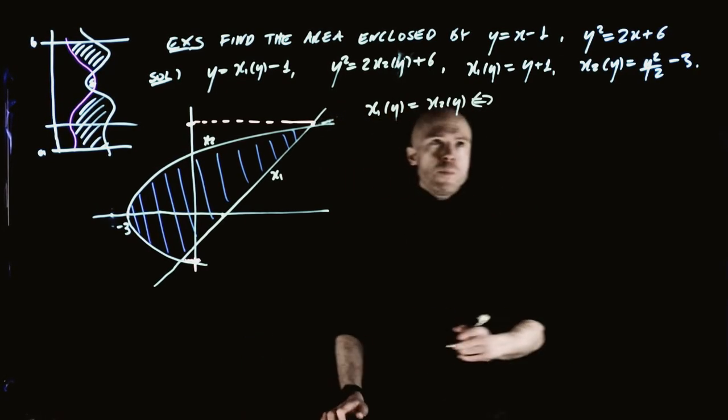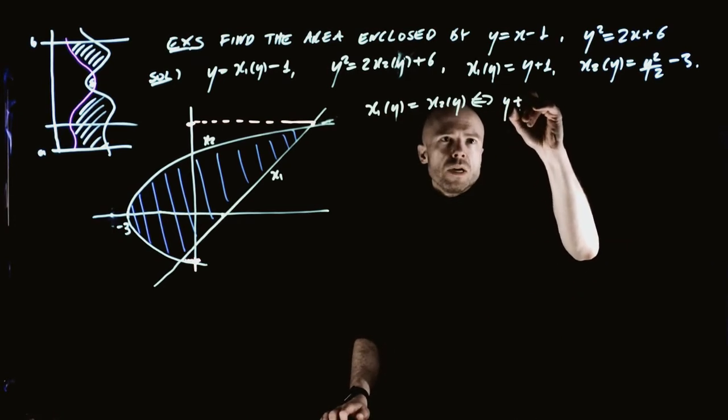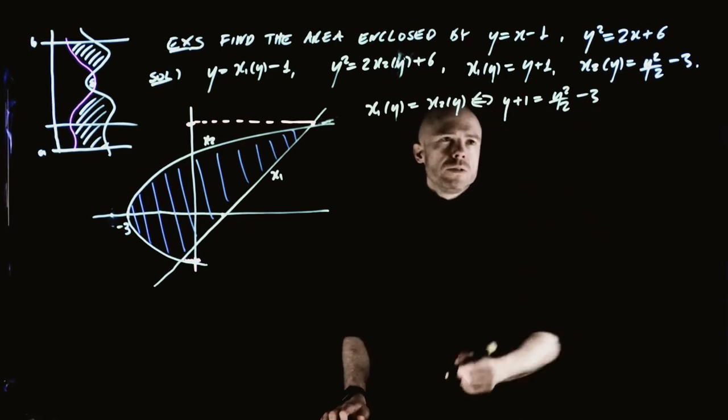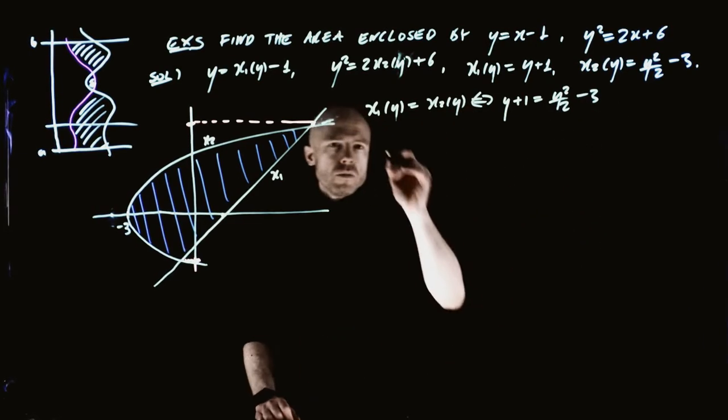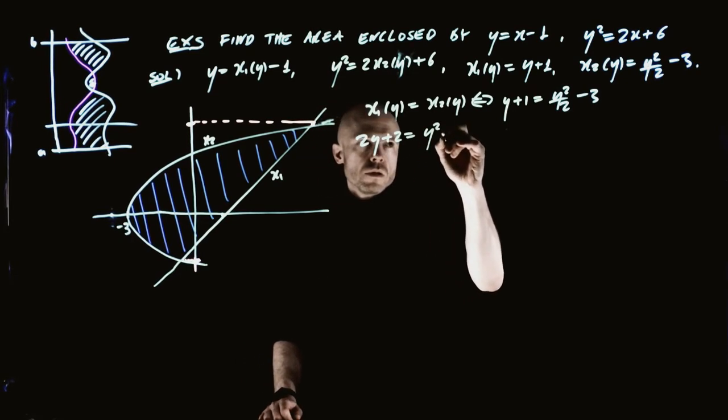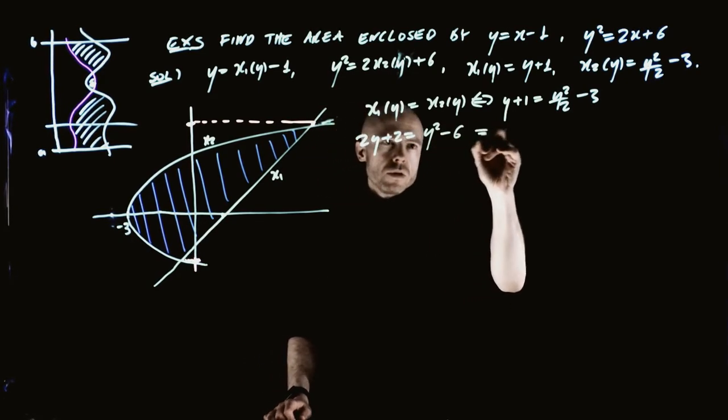That is the same as y plus 1 equals y squared over 2 minus 3. Yeah? Multiply it through. Minus 6, clean it up.